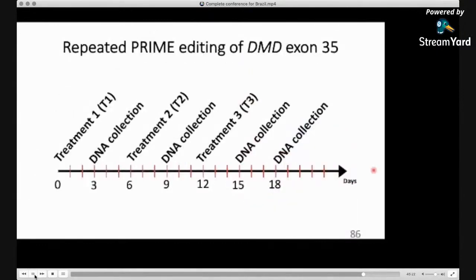We have thus tried different methods to try to increase the percentage of genome editing of exon 35. The first method that we have tried is to repeat the treatment 3 times. Essentially, the cells were transfected with plasmid at day 0, 6, 12, and DNA was extracted 3 days and 6 days after each treatment.